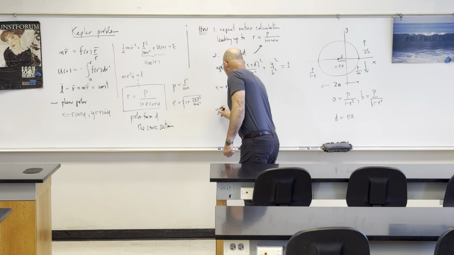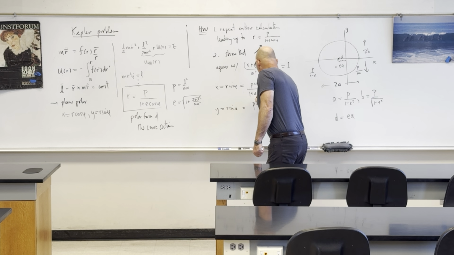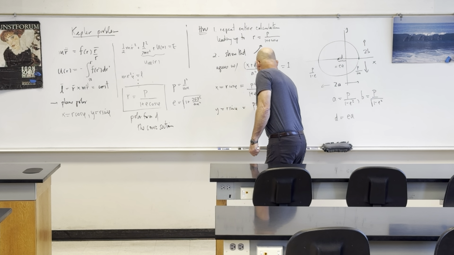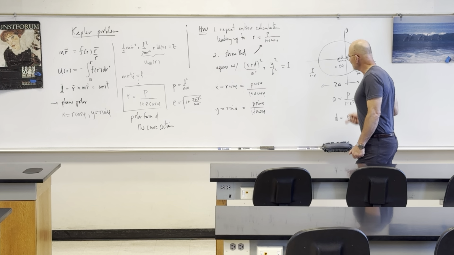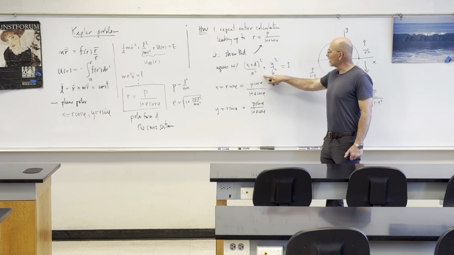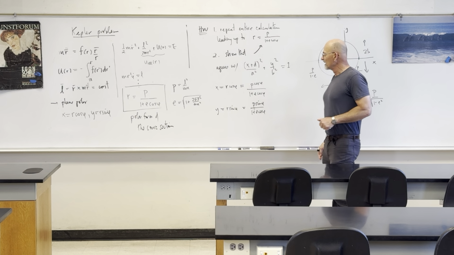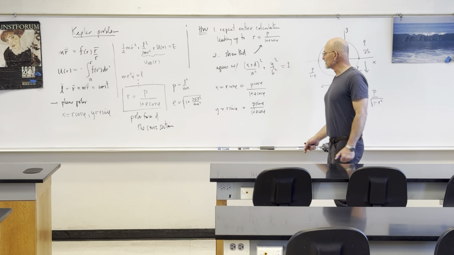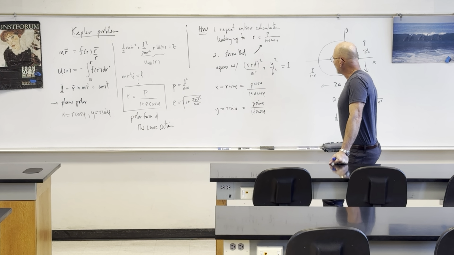And then the y of r sine phi is p sine phi over 1 plus e cos phi. And you're plugging all these definitions in, and you're really just trying to show that this all equals 1, or if you subtract 1 from it equals 0, right? It's just a big identity. And when you get there, you'll know it. Okay? So there's a couple different strategies to effect that.